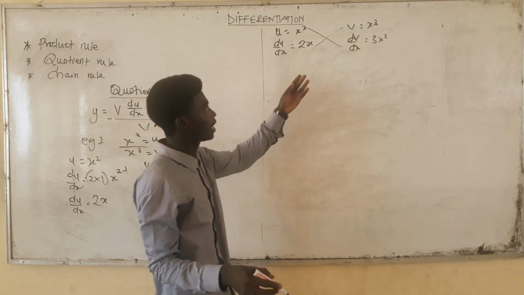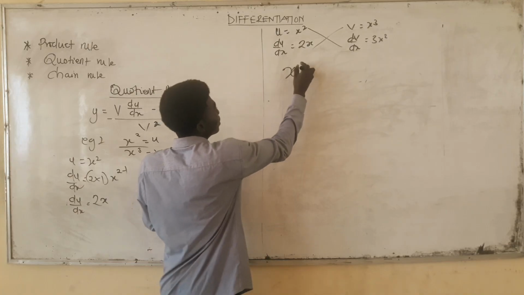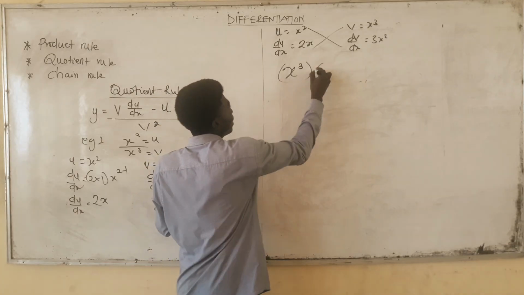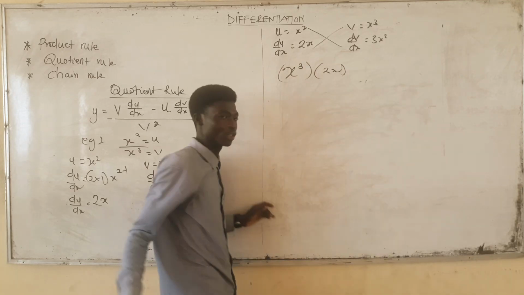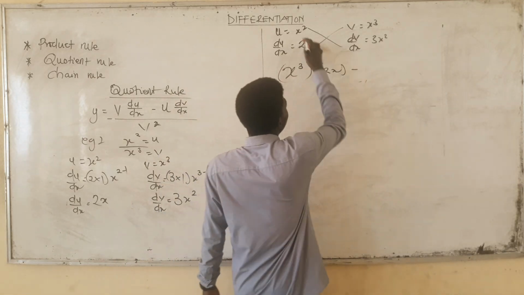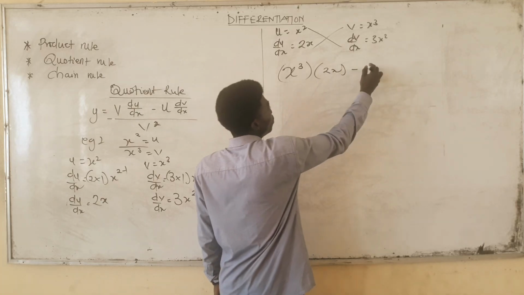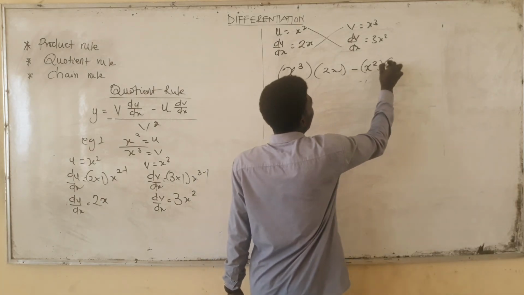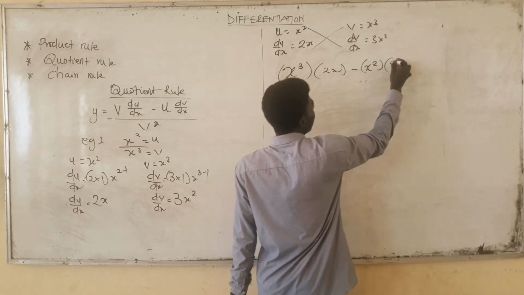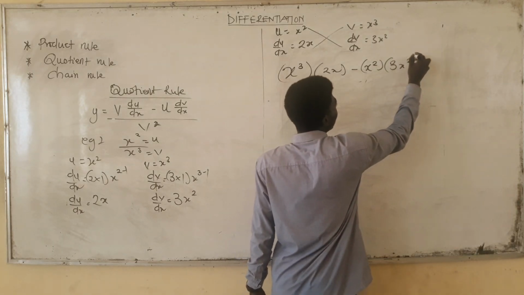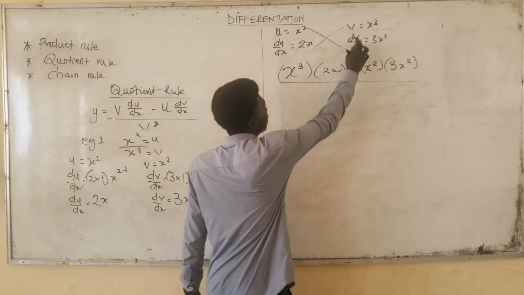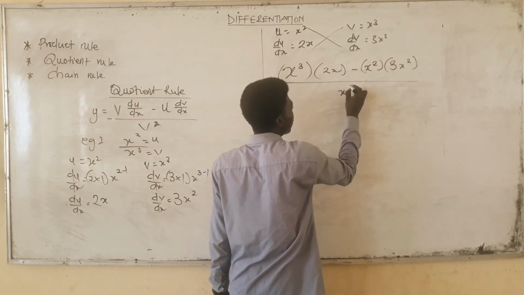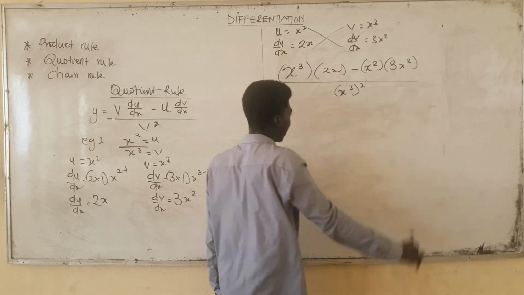Because the v comes first, we have x cubed multiplying our du/dx, which is 2x, minus our u, x squared, multiplying dv/dx, which in this case is 3x squared, all over our v squared, which is x to the power 3 all squared.